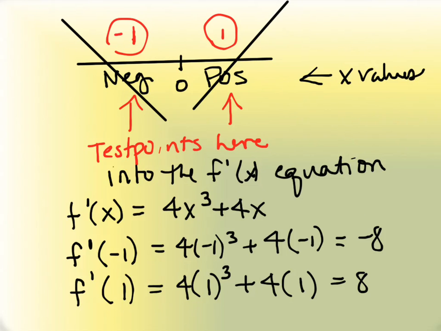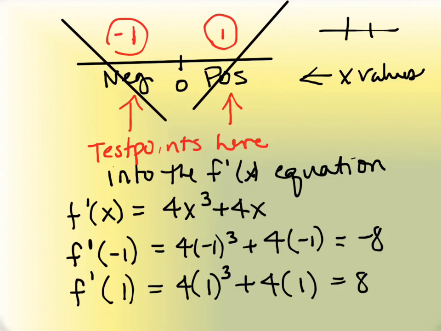These points are going to go on a number line. And once we have those points on a number line, we pick test points on any interval between the critical points we have. So for instance, if I had 2 critical points, we'd have 3 test points, right? 1 in each interval. And then we test those test points inside of the derivative equation to find out if we get a positive, where our graph's increasing, a negative, where our graph's decreasing, or a 0, where we might have a max or a min.